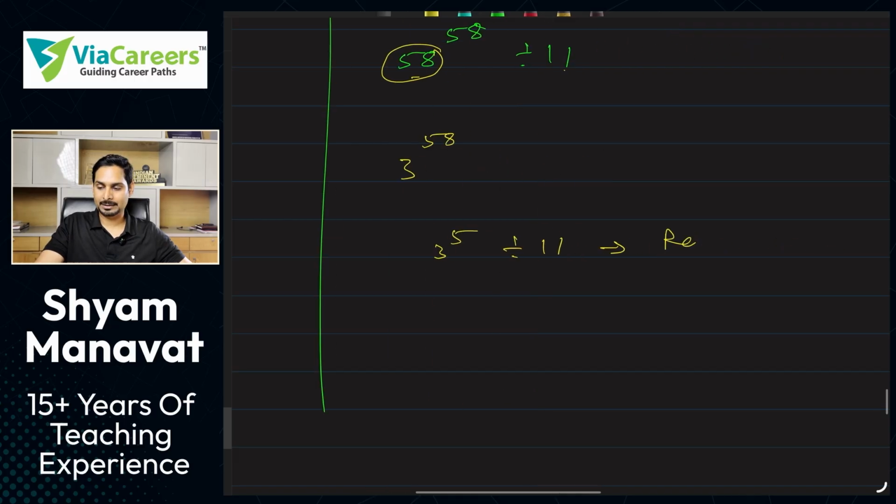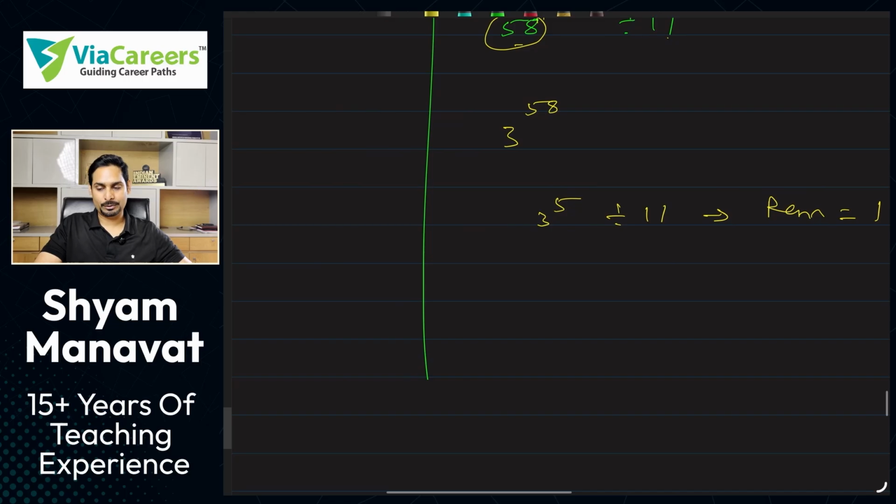So I'm going to make use of it. The power we need to write in form of multiple of 5. So you write this as 3 to the power 5 multiplied by what plus what can give you 58. So 5 into 11 is 55 plus 3. This is what you can write, correct?